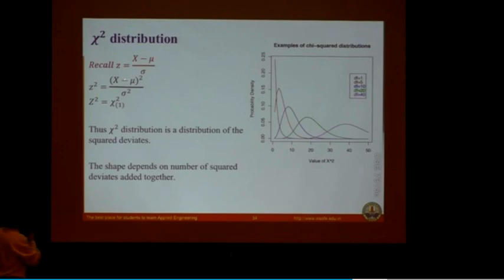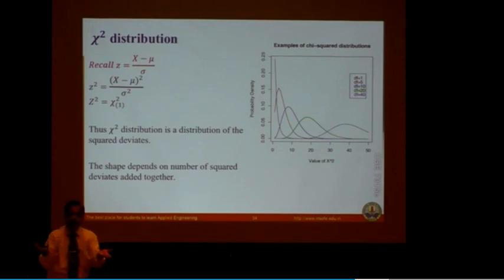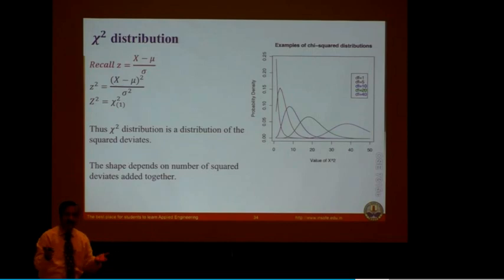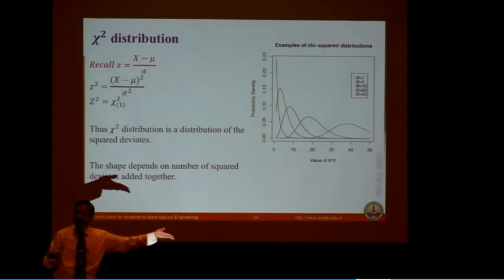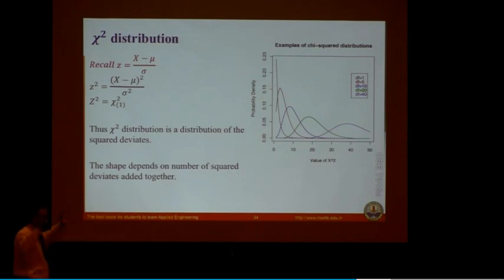So z squared, (x minus mu divided by sigma) squared, is a chi-square distribution with 1 degree of freedom. If there are more degrees of freedom, that many z squares added together make up a chi-square. If there are 10 degrees of freedom, 10 z squares added together make up your chi-square. Just for you to understand that it's in the same family.